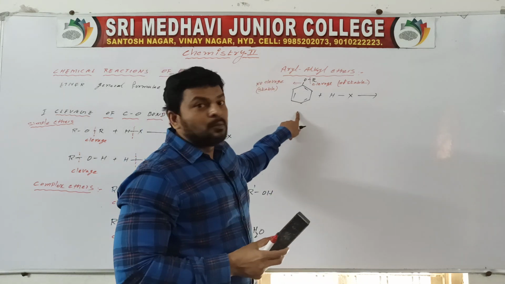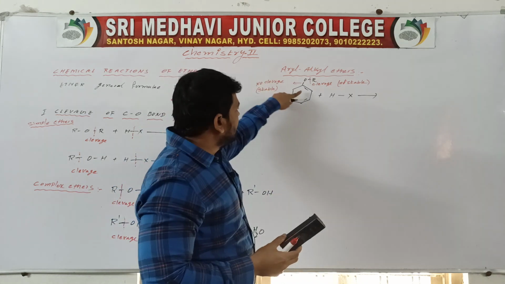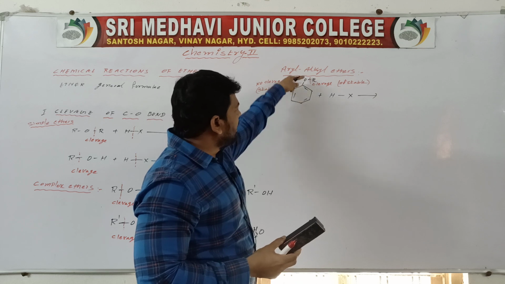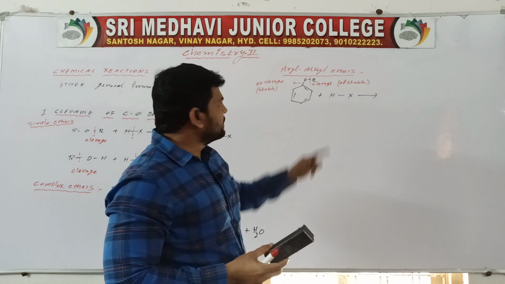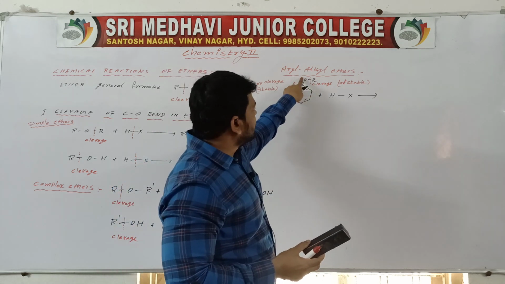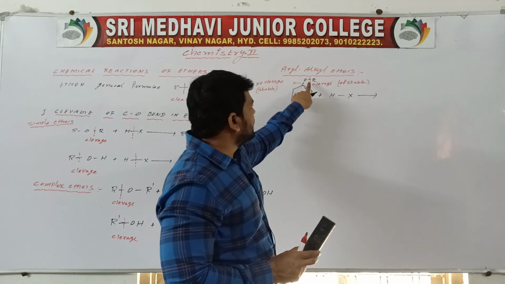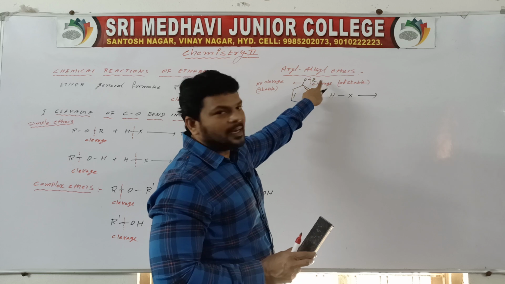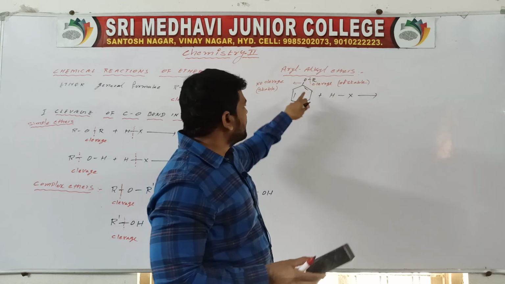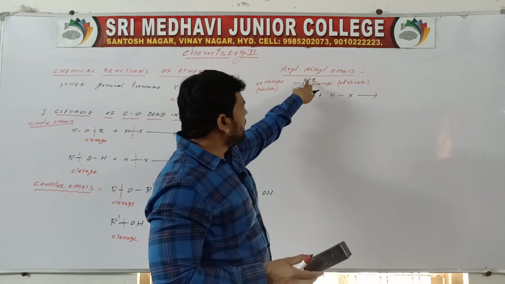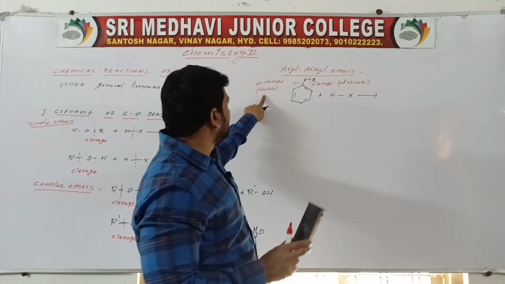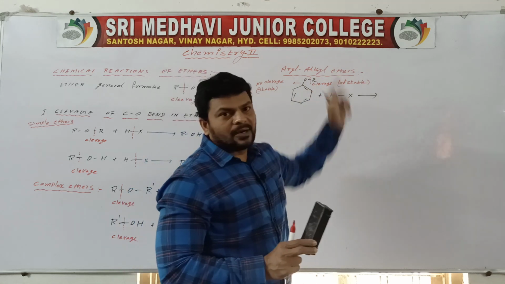The phenoxide is more stable. So between the aryl and oxygen group there is no cleavage. Only the oxygen and alkyl group can be cleaved. What I mean to say is that the oxygen-alkyl bond can be cleaved, and the aryl-oxygen bond cannot be cleaved because it is stable.